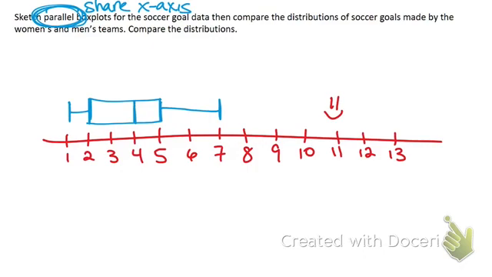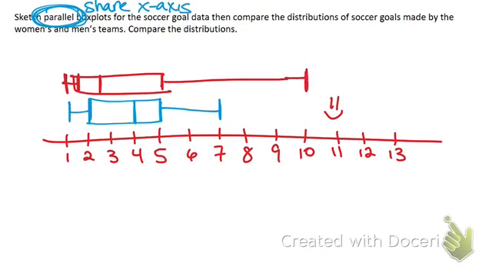All right, cool. Do you guys have any questions about this? No. Got it? All right, now we need to compare the distributions. What do you guys think about the shape of these distributions?